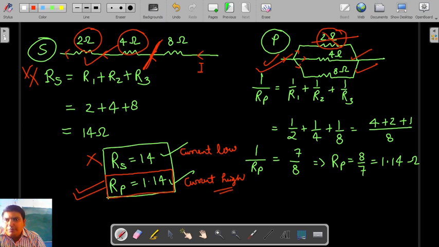But one more important point we want to discuss here is that in our daily life, in the electrical circuits we use, resistances of known, set values are used. We cannot use resistances of any value.